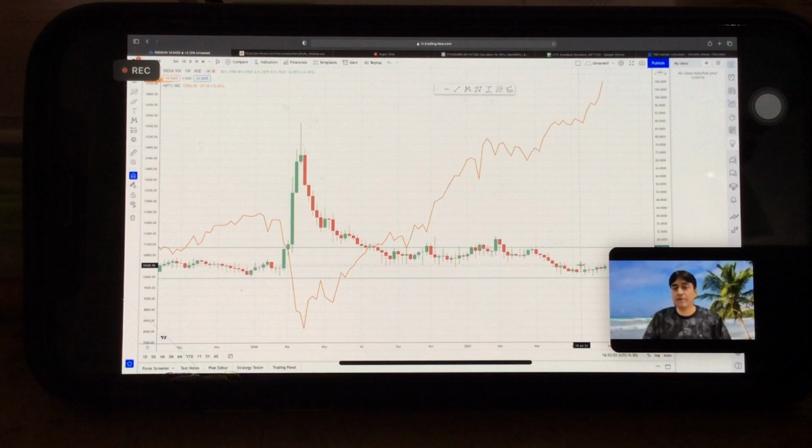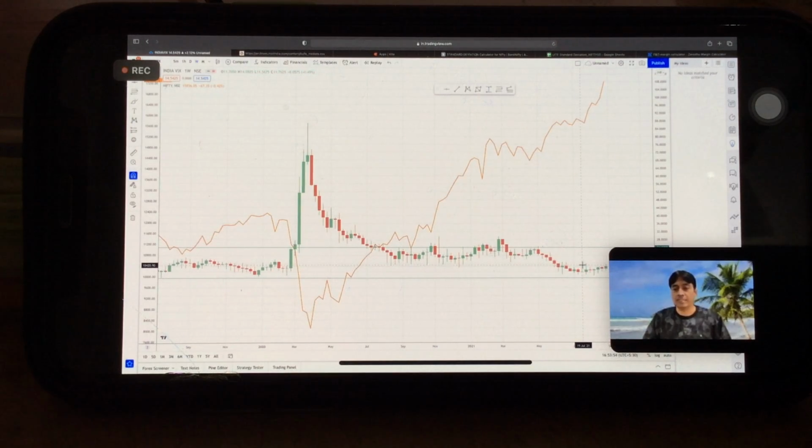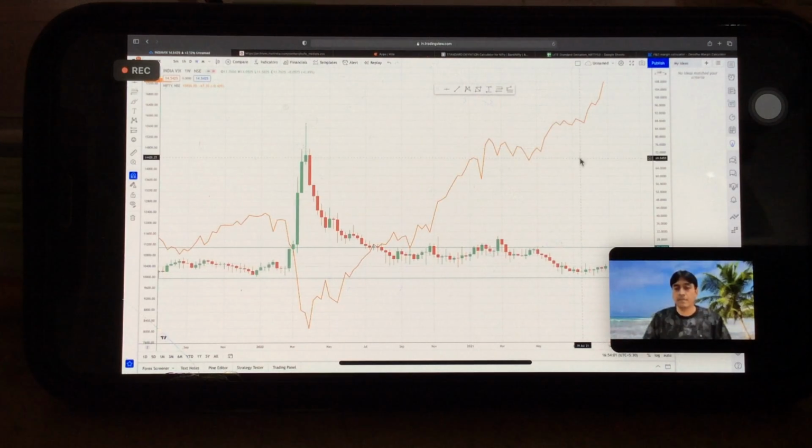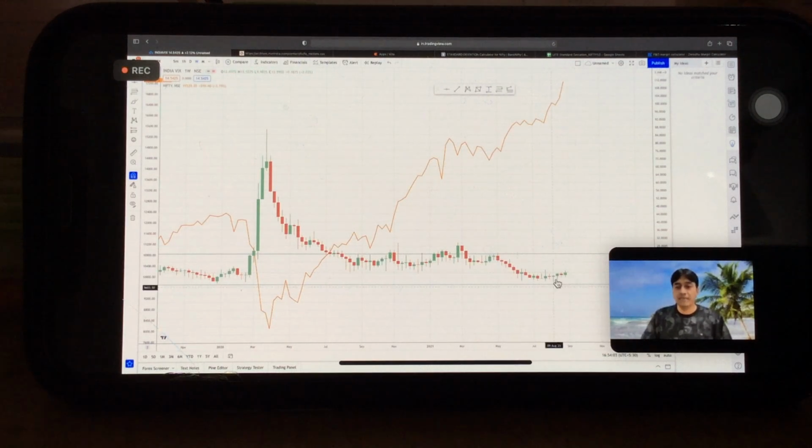But IVs were very low, below the average. That was the reason we are seeing 17,300 Nifty today. So that's one indication: when IV starts rising, we should be cautious. Clear?